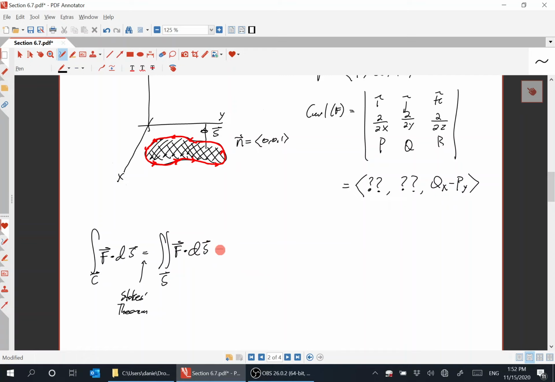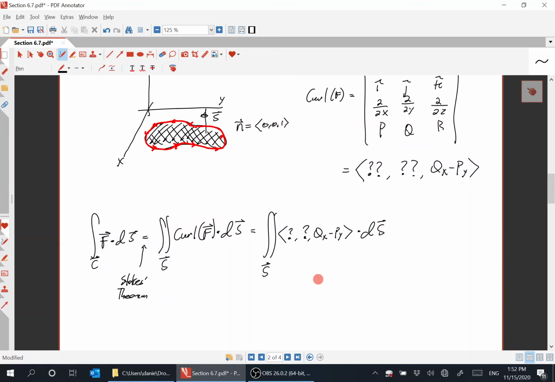Which is equal to the surface integral over S of curl of f, which is something, something qx minus py, dot ds.